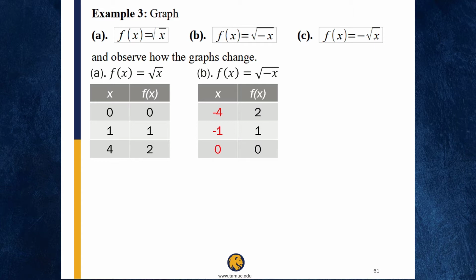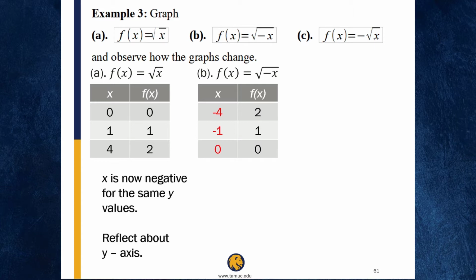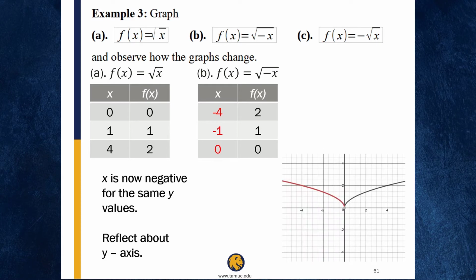Then I would get out the same y values. So the x values are now negative for the same y values. That means we reflect around the y-axis. So it flips around from one side to the other side for the graph of f of x equals square root of negative x.